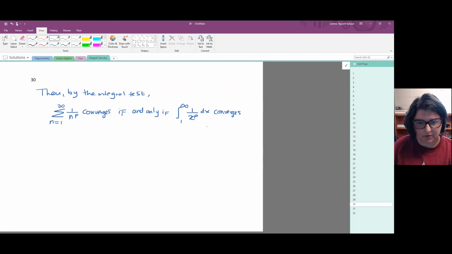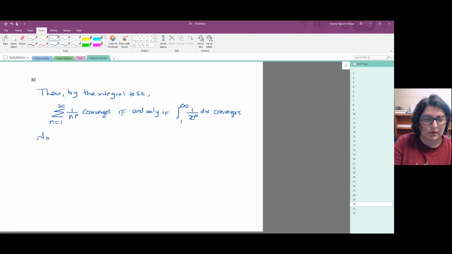So at this point, all we have to do is check the integral from 1 to infinity of 1 over x to the p. And we need to see if that integral converges or not. The values of p that give a convergent integral are the values of p we're interested in.